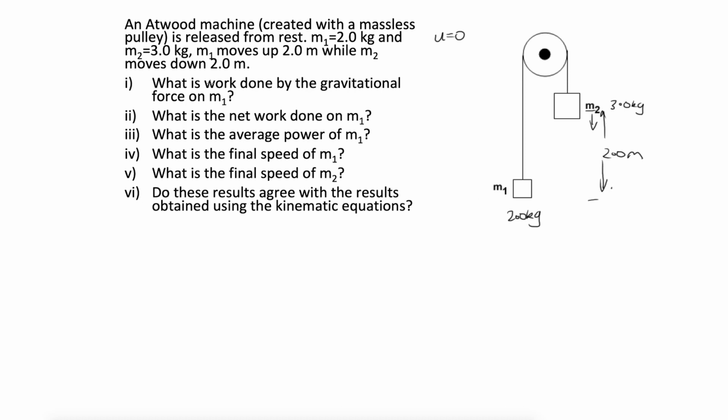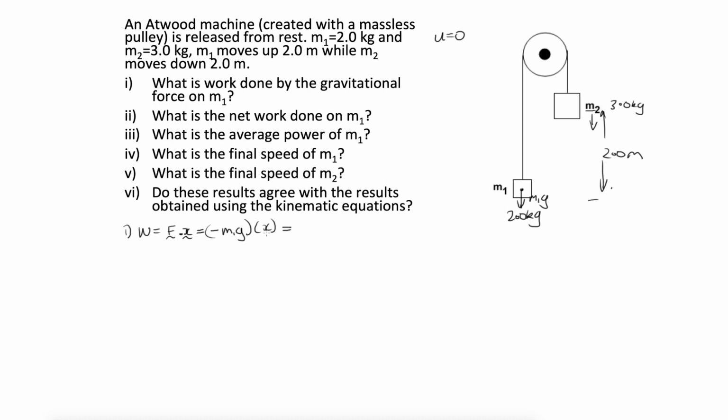Now part 1 asks, what is the work done by the gravitational force on M1? So to do this, we know that the work done is equal to F dot X. And in this case, acting on M1, the gravitational force is M1G. So we've got minus M1G, the minus to show that it's down, and that's times X, and the X is actually positive in this case because it's moving up.